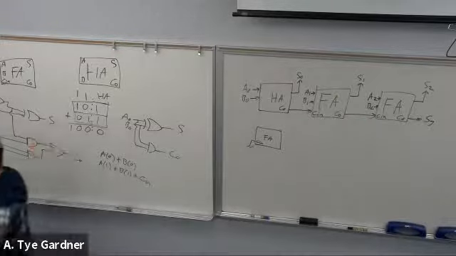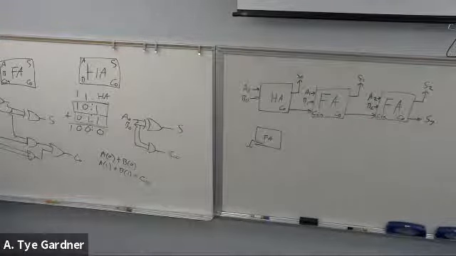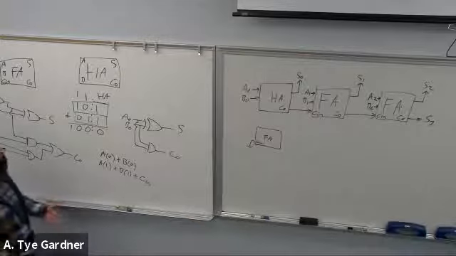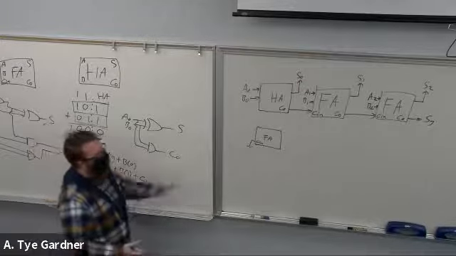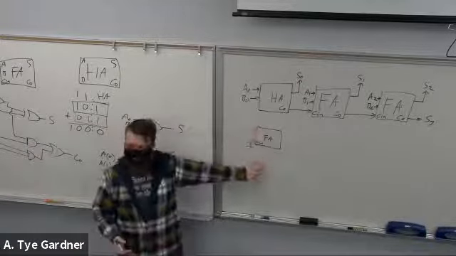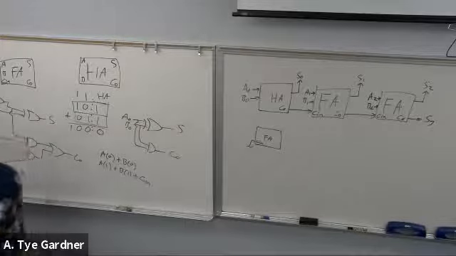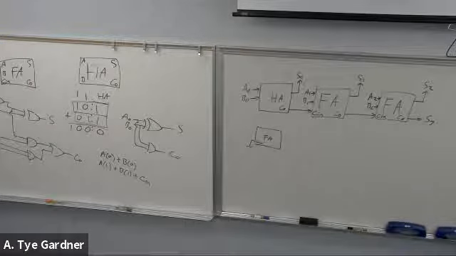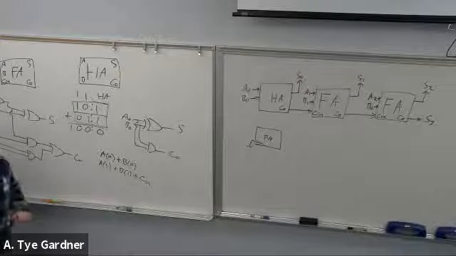Because if my carry in is always 0, then I only use half of the truth table, therefore it's a half adder. Right, that's all that's saying, is if carry in is always 0, it's a half adder. So I could use 3 full adders and just tie the first one to ground, and it would work just fine. So this then builds up to a ripple carry adder.